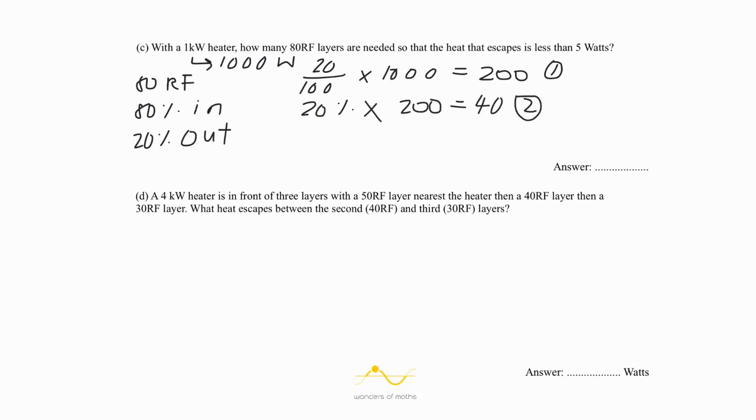Let's keep doing this until we get an answer that's less than 5 watts. .6 is definitely less than 5, and we got that answer after 4 layers, so we know our answer is 4.